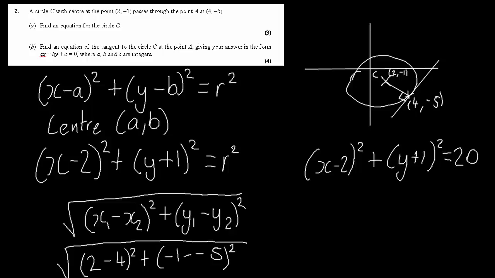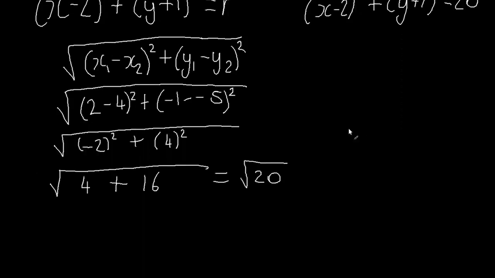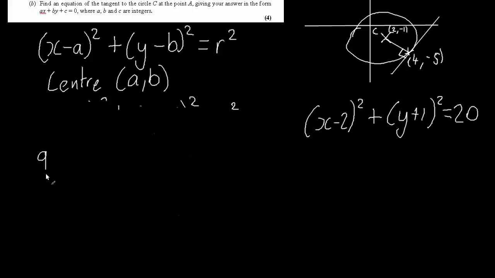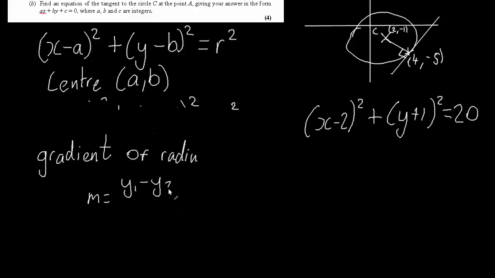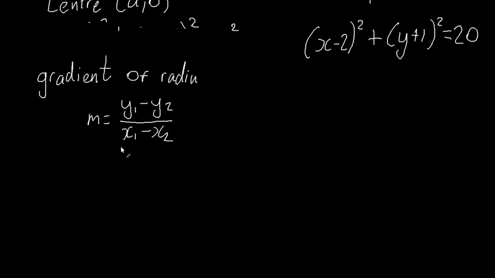So let me just scroll down here so we've got a bit more room. Okay, so the first thing we need to do is find the gradient of the radius. To do that, we use our gradient formula, which is y1 minus y2 over x1 minus x2. We might as well keep the same points we used last time. So the centre is our y1 and our x1.